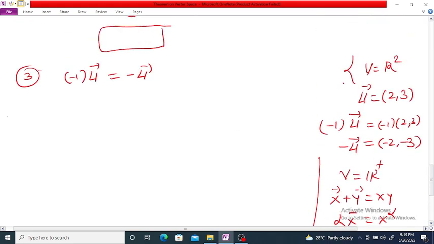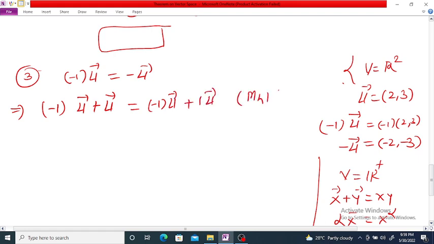Now to prove this, consider minus 1 into u bar plus u bar, and if this output is equal to 0 bar, then we can say that minus 1 u bar is the same as minus u bar. Now we can write this as minus 1 into u bar plus 1 into u bar, using M4. What does M4 say? 1 into u bar is equal to u bar. So we write u bar is equal to 1 into u bar.